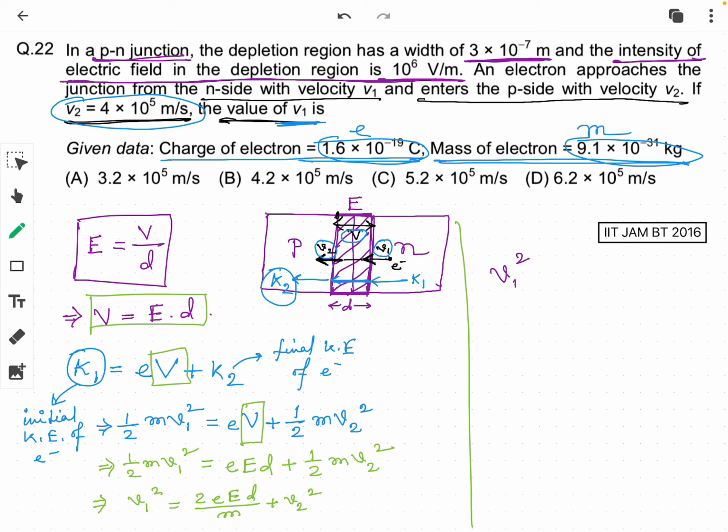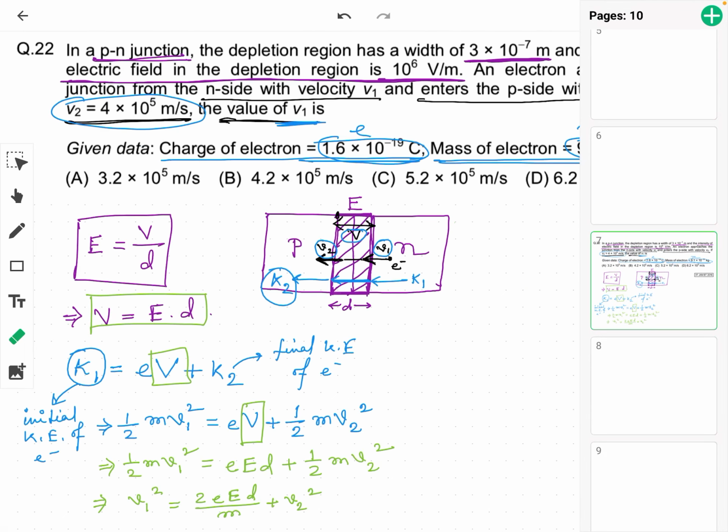Let us do it in the next page to be very clear. So we had V1 square equal to 2 small e capital E into d by m plus V2 square.